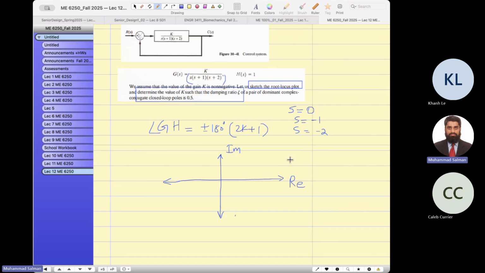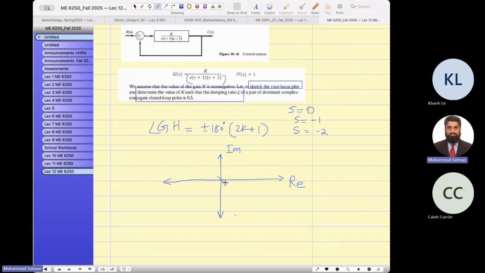So from the characteristic equation, the denominator, you have to find the roots of the denominator, which are the poles or open loop poles of the transfer function. You will start from the open loop poles and then you will tweak the gain.